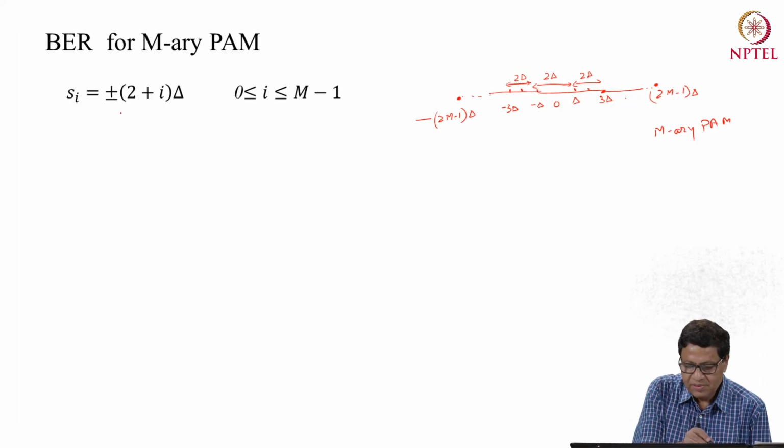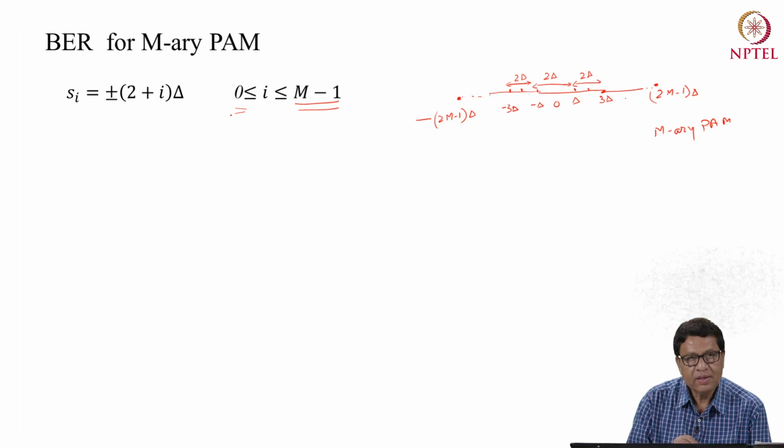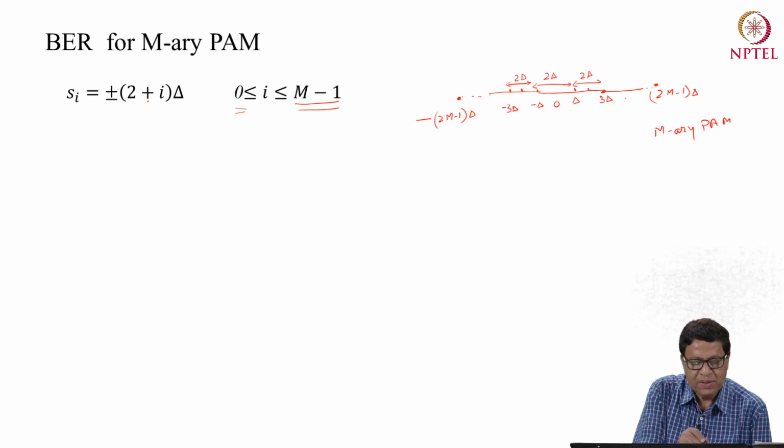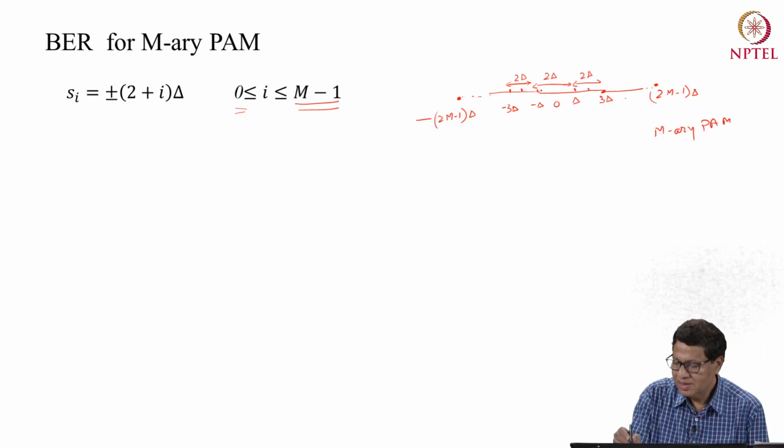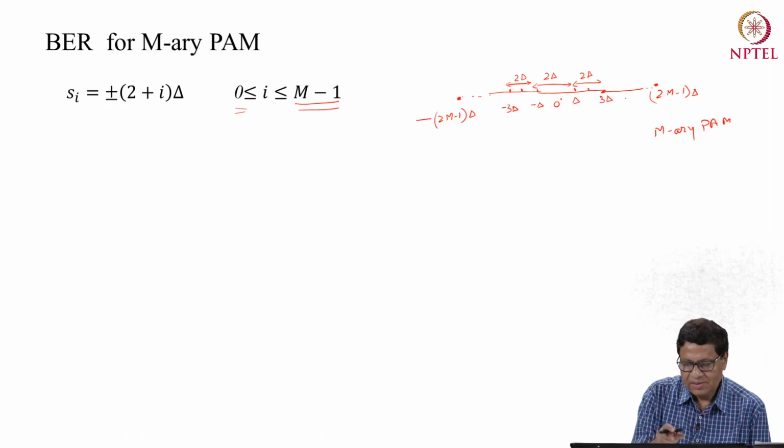So as you see here, S_i is (2i plus 1) delta, where i goes from M minus 1 to 0. So as you see, when i is equal to 0, this becomes plus minus delta, which is shown here, and so on and so forth.